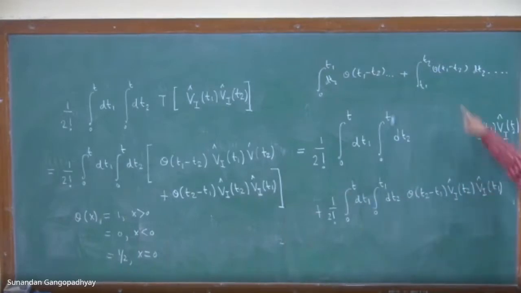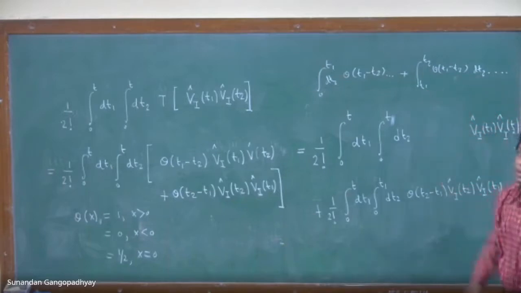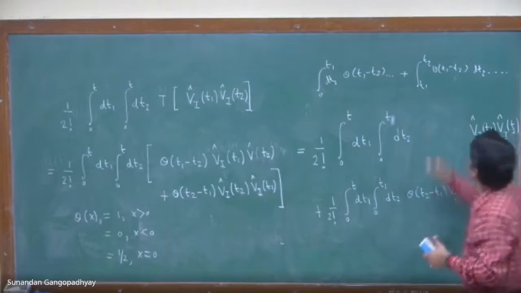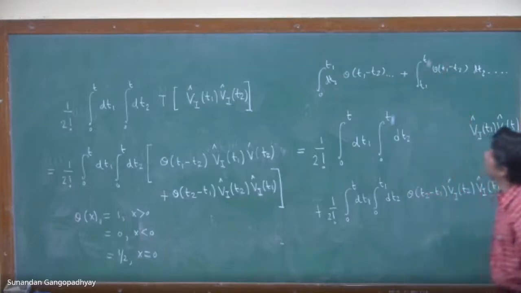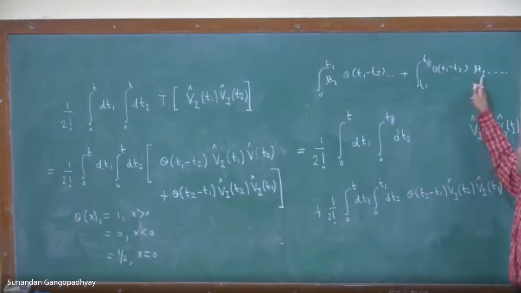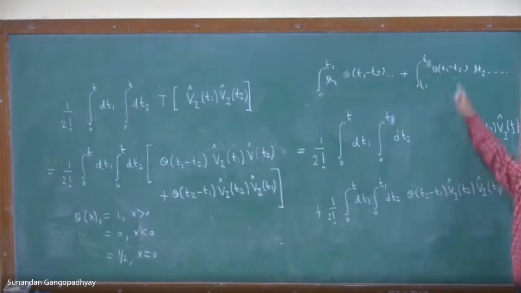From this expression, you can see that here t2 is actually greater than t1. So this is t, not t2. In this expression, t2 is greater than t1, and t2 greater than t1 means the theta function will be 0, right?